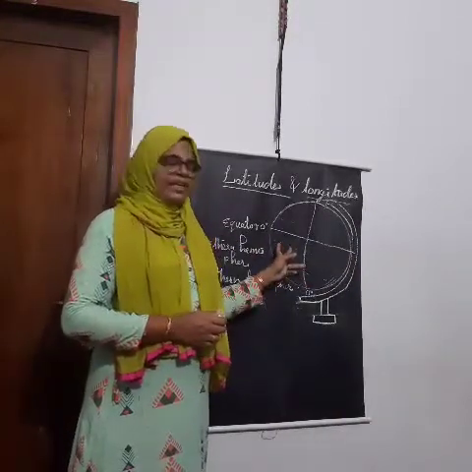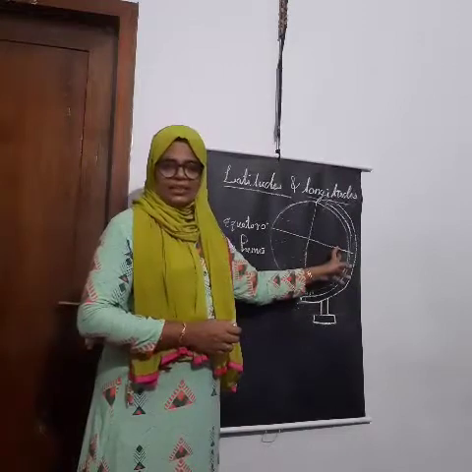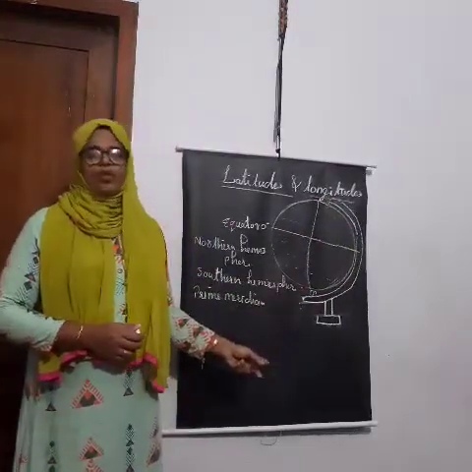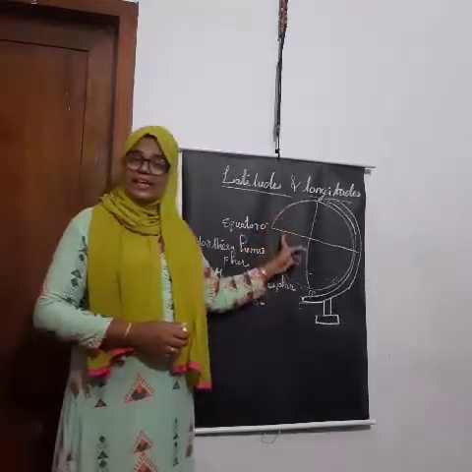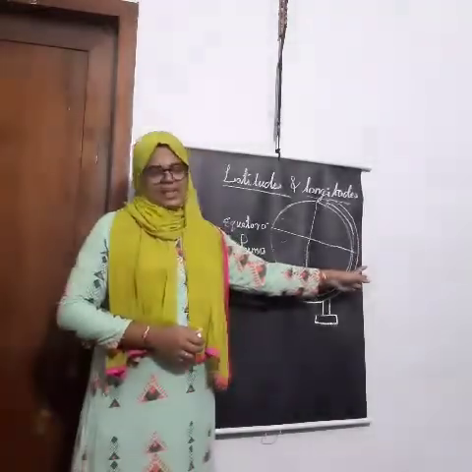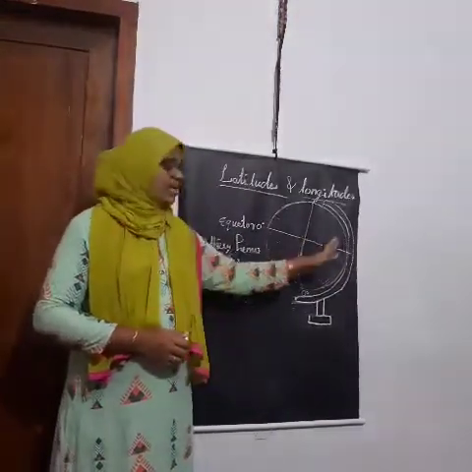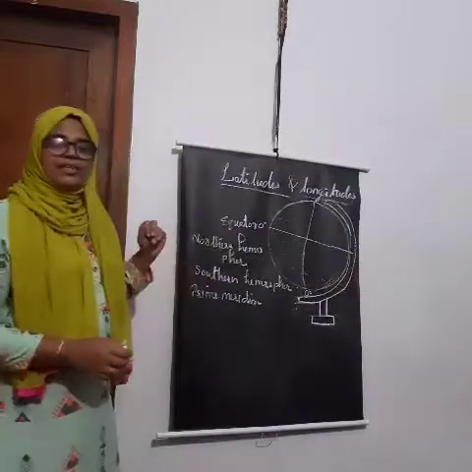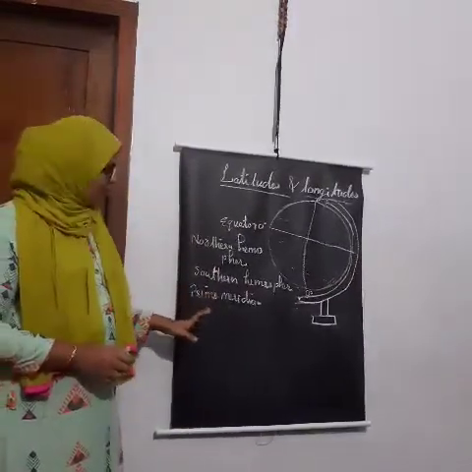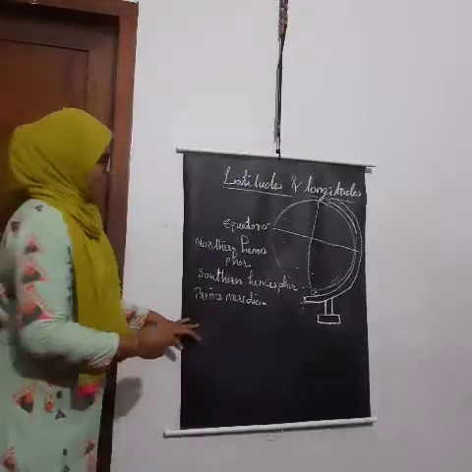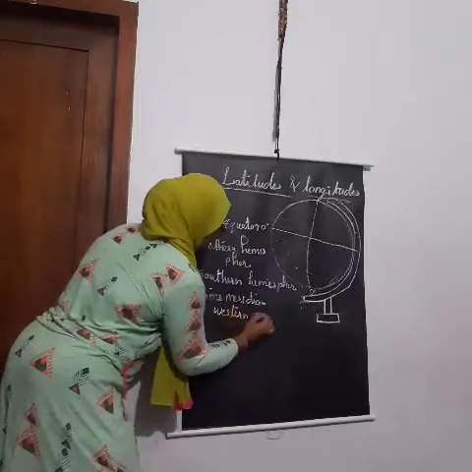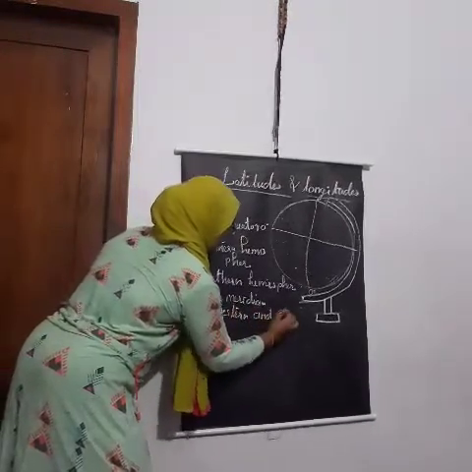Yes, this is the western direction and this is the eastern direction. So we can conclude that the central meridian can divide the total Earth into western hemisphere and eastern hemisphere. Got it? Which one is dividing the total into western and eastern hemisphere? Yes, the central longitude, that is prime meridian. Yes, western and eastern hemisphere.